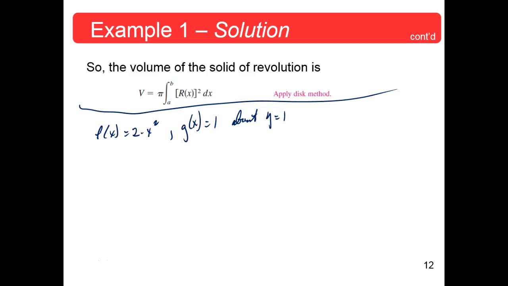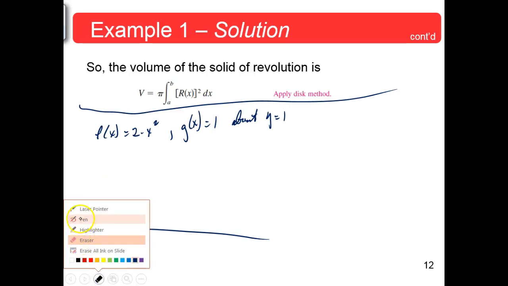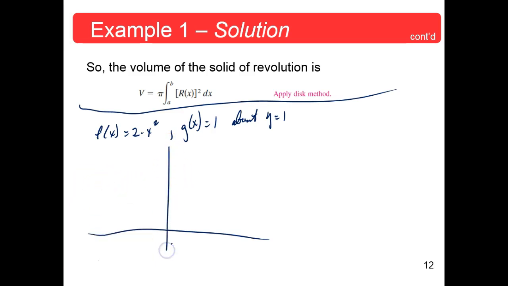We don't have the figure, but I'll try to draw a representative of it. Okay, so here we go. 2 minus x squared is going to be a parabola with its vertex up here at 0, 2.